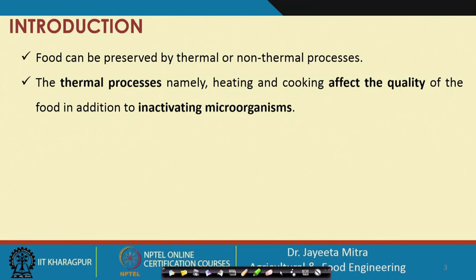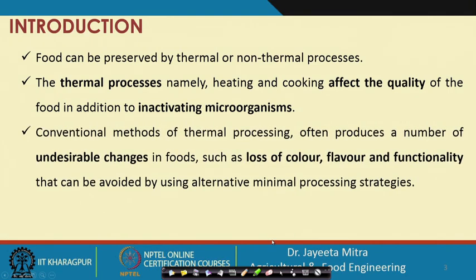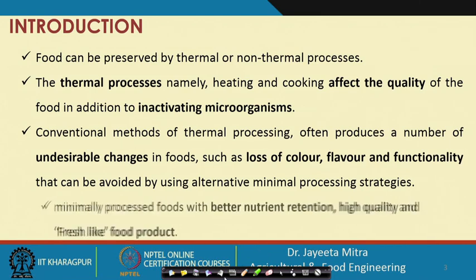So, they do inactivate the microorganism, but with that some heat sensitive elements also get affected. Conventional methods of thermal processing often produce a number of undesirable changes in the food. As I mentioned, color, flavor and functionality can be affected. Even some nutritional components will be damaged. For example, vitamin C is highly damaged because of temperature fluctuation or storage.